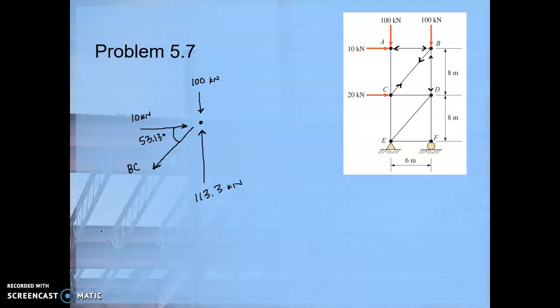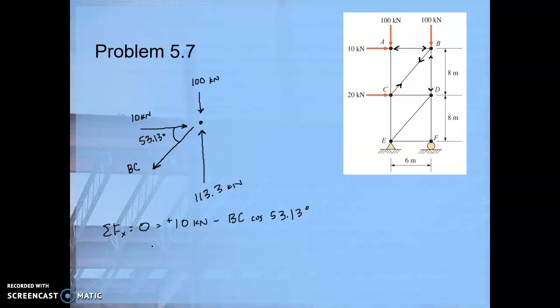And so let's do both. That is a good way to check our answer. We can first start in the x direction. We know that we have positive 10 kilonewtons to the right. And that has to be resisted by the horizontal component of force BC. So that's going to be BC cosine of 53.13 degrees.